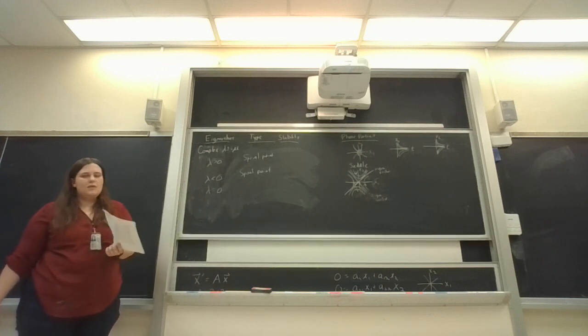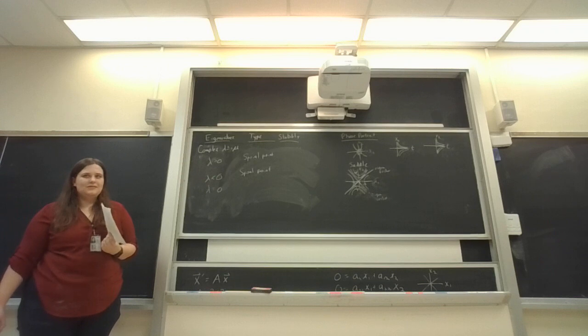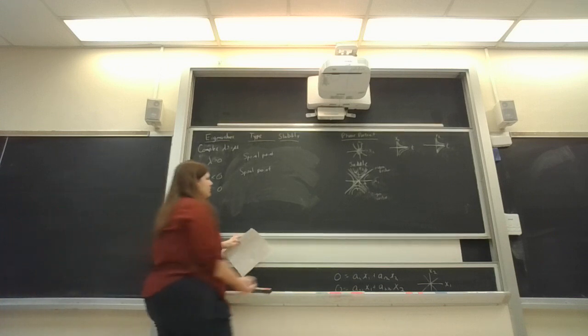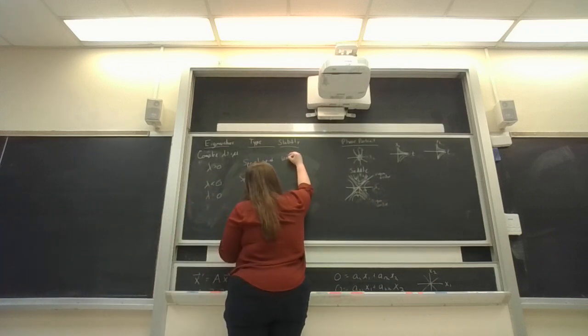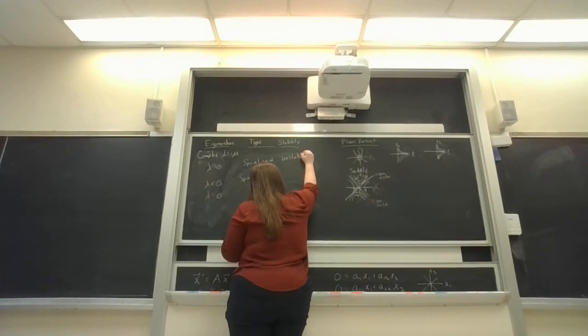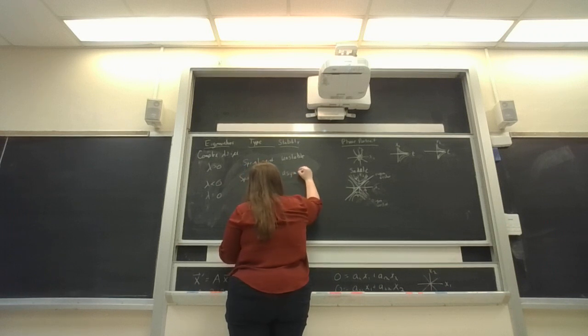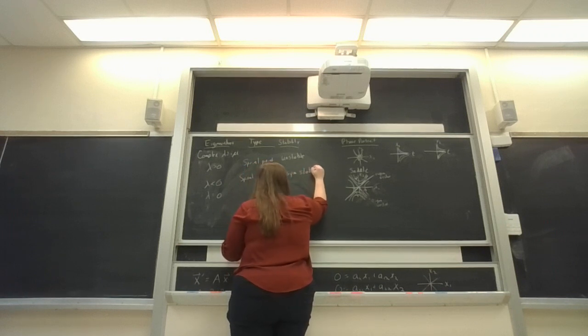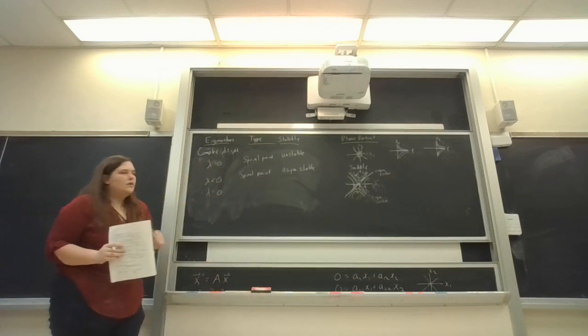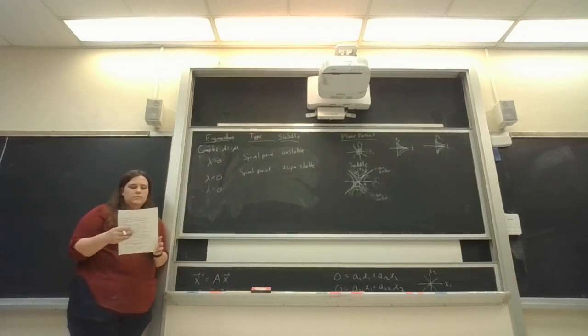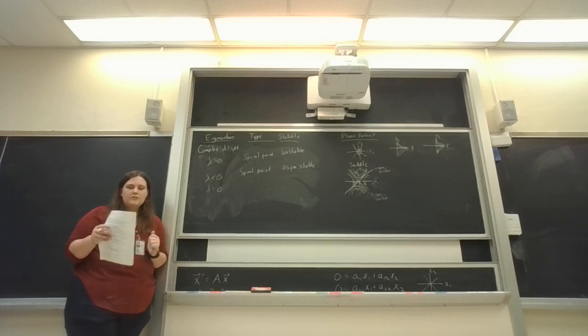Positive real, unstable or asymptotically stable? Unstable. And then we've got, for our negative real, we've got asymptotically stable. And lastly, what was special about lambda equals 0?